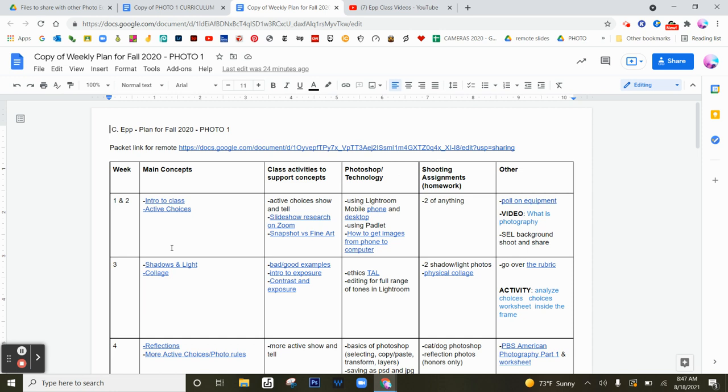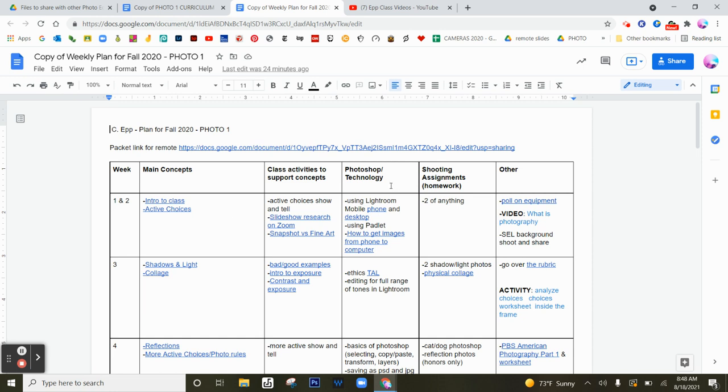For my Photo 1 students, the fact that they can take pictures on their phones, edit on their phones with Lightroom Mobile, and upload to our LMS, we use Google Classroom, you might use Canvas or something else, just streamlines it and makes compliance and turning in photos on time way easier, because they don't have to deal with bringing their cameras to school or their memory cards and then forgetting them. Plus this is the camera that they have on them all the time. They should know how to use it.